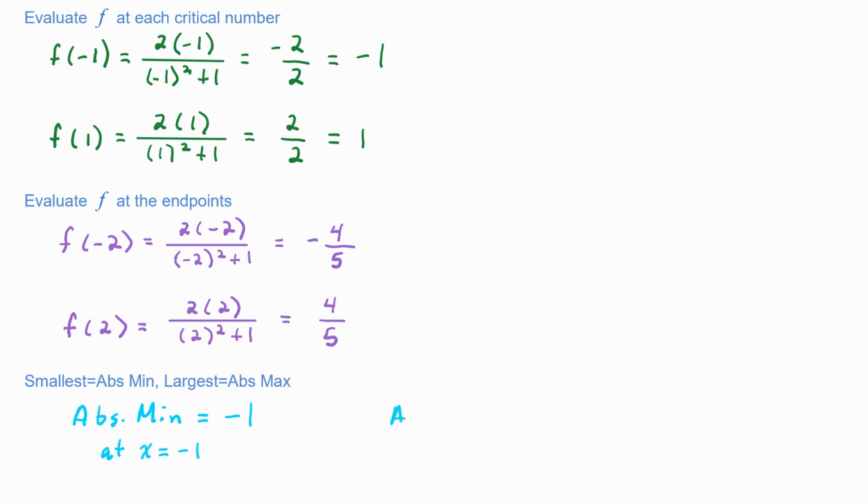So the absolute max is equal to 1, and that occurs at x equals 1. So in this case, both the absolute min and the absolute max happened at the critical numbers. That's not always the case.